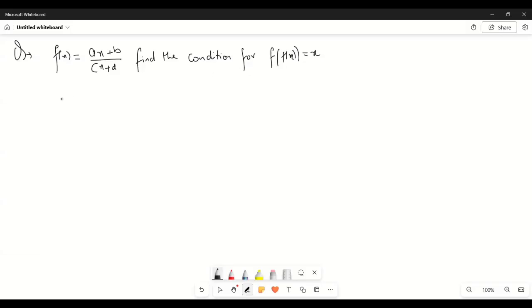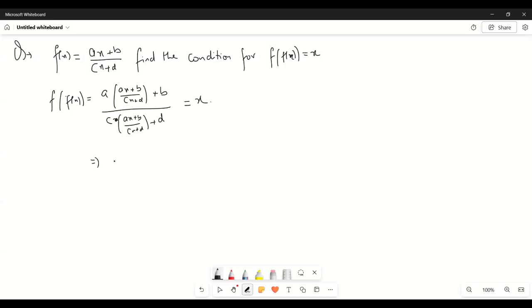So f of fx will be like a times, in place of x, ax plus b by cx plus d, plus b, divided by c times ax plus b by cx plus d, plus d. And we need f of fx to be equal to x. This will come.